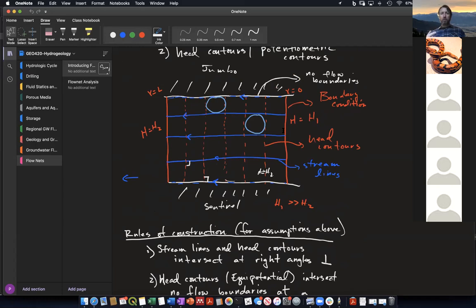And these two sets of curves, for homogeneous and isotropic systems, intersect at right angles, and they make curvilinear squares.